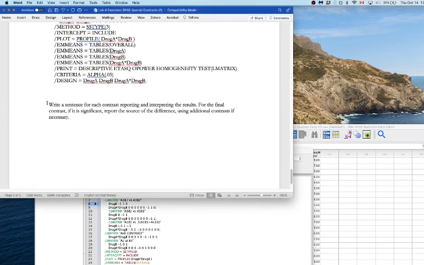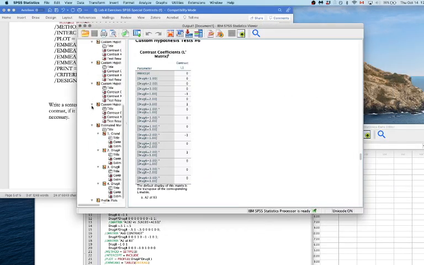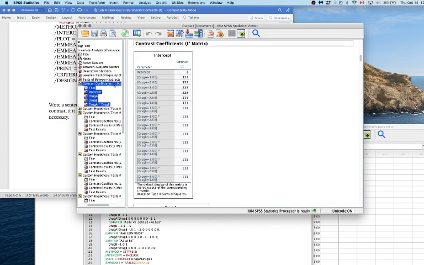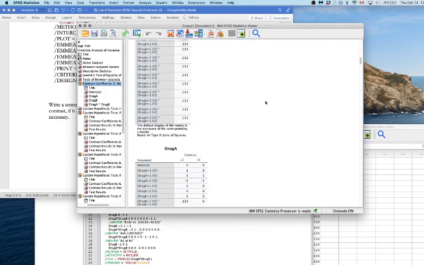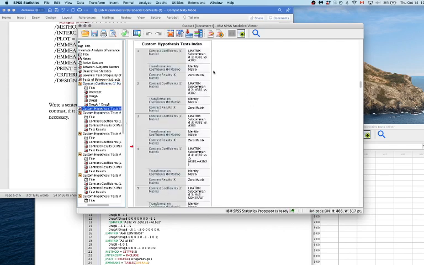So for each of these 5 contrasts, we want you to report the findings, interpret the results. So, for example, I can bring this out. So here's one of my contrast coefficients. This is custom hypothesis tests. So it'll give you this nice index where it says, okay, the first one, this is what we called it. Second one, this is what we called it.